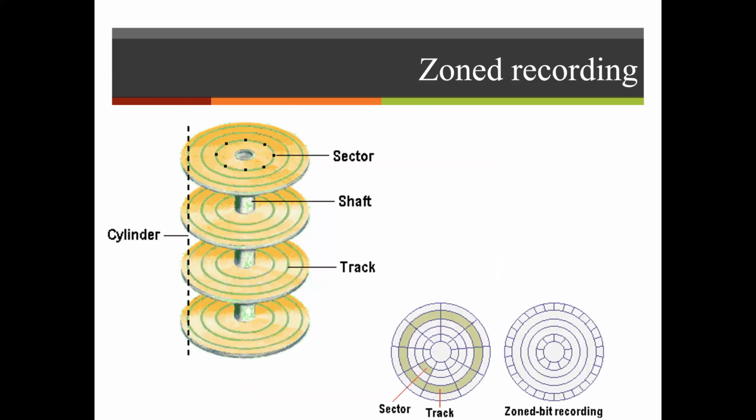So you want to consider appropriate mechanisms for recording. And so one mechanism is called zoned recording. And in this mechanism, we make use of an appropriate zone bit recorder that is used to keep a footprint of a specific number of sectors for the entire surface.